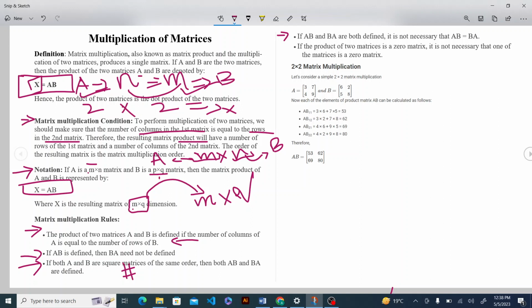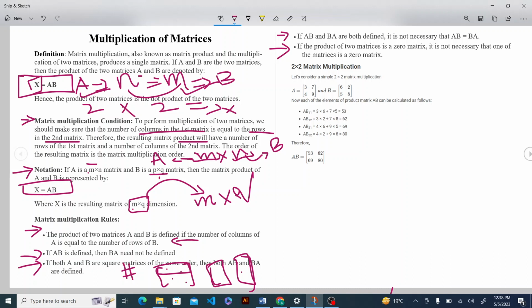They can be different because the values can differ, and the order of multiplication will be different, because rows will be multiplied with the columns first, so the values can differ, and that is why AB can be different from BA. The order will be the same, but the values will differ in case of square matrices.